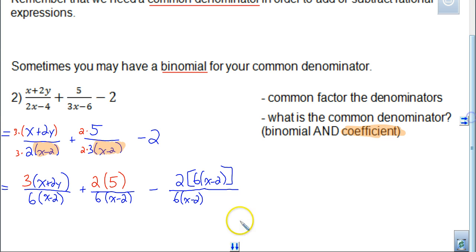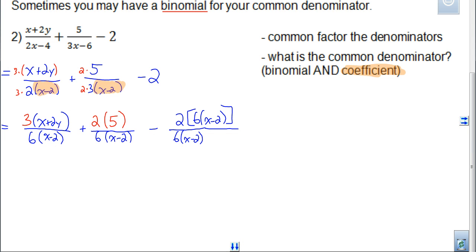Alright, now I can start bringing things together. So what I can do first is have one long expression. Now, I'll try to make this as straight as possible. It's hard for me to write it with the mouse. So 6 times x minus 2 is my common denominator, and I can start expanding everything out. So 3x plus 6y.